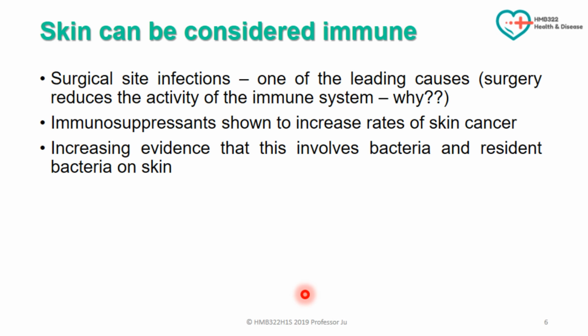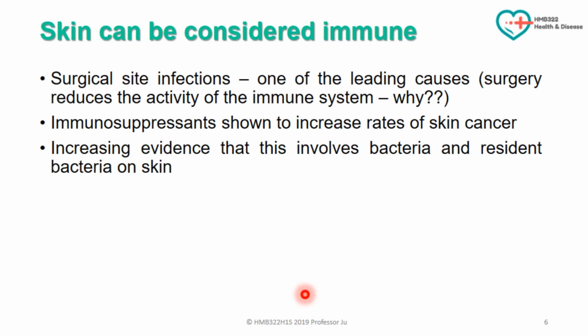So just again, to go back and maybe get you to think a little bit about this, we typically kind of bypass the fact that skin is actually a really rich source of a number of different immune cells. And we talked about that very briefly at the end of lecture number 2. We know, for example, when you damage your skin, if you go in for surgery, one of the things that often happens, even in the hospital, is what is known as a surgical site infection.